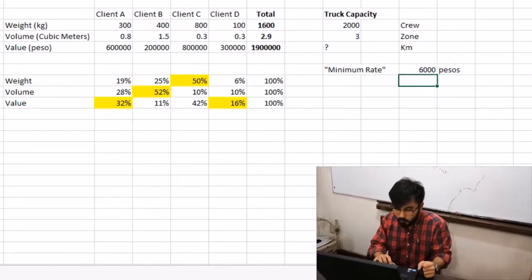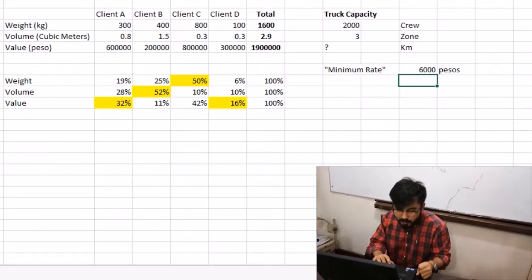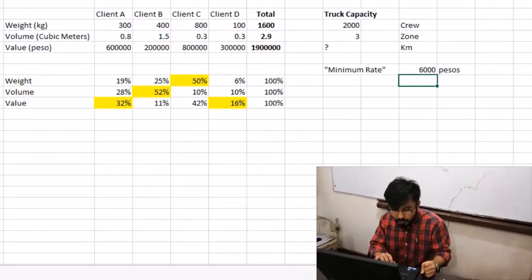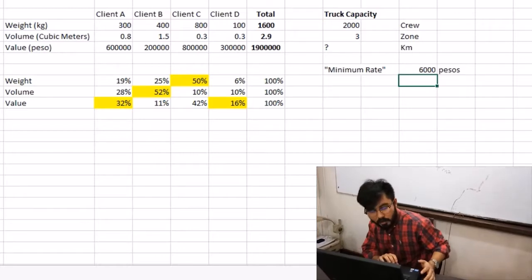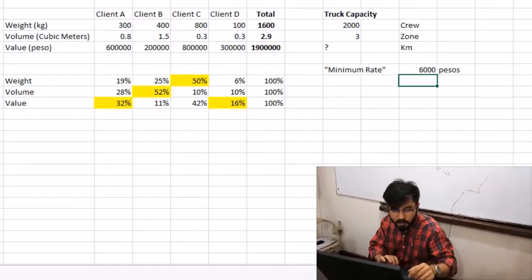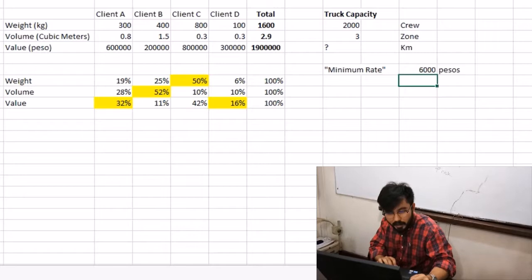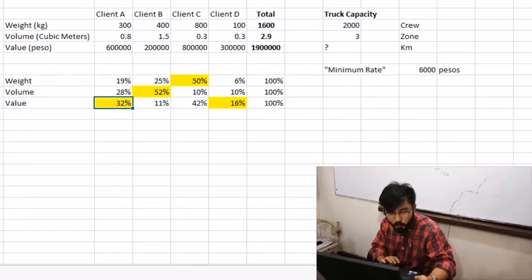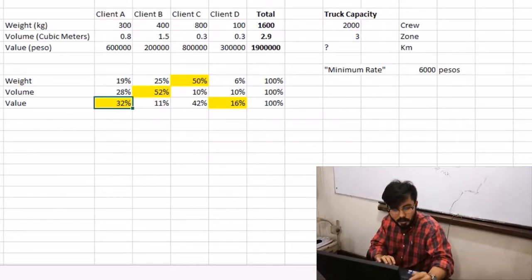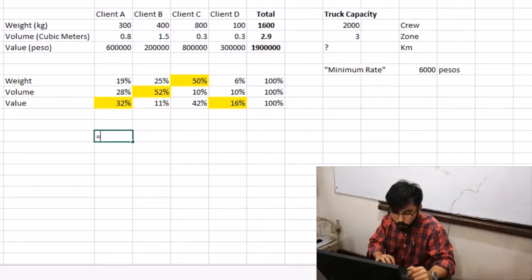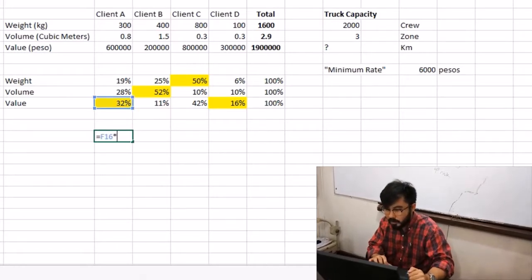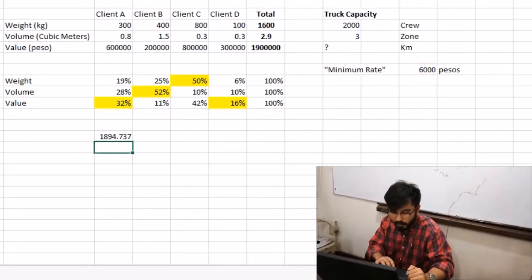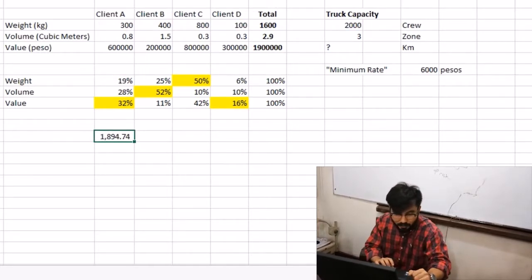Now I'm going to say, hey, client A, given this delivery, you're taking the most in terms of value of your stocks, so we're going to charge according to that. So we're going to multiply 32% times that minimum rate. Okay, this is just the first level. This is not the final price yet.